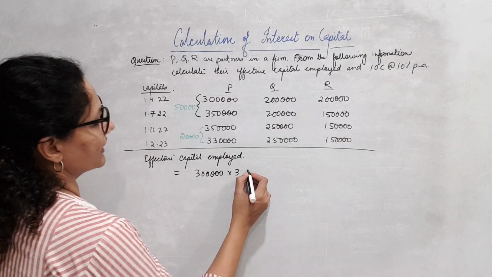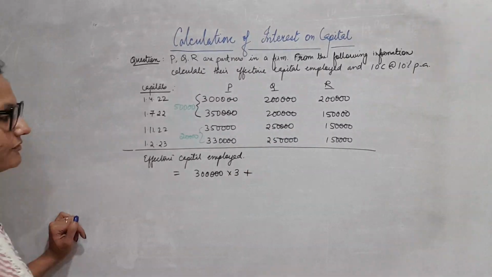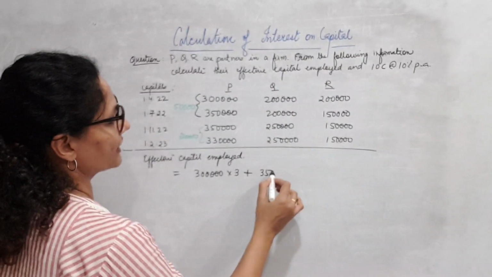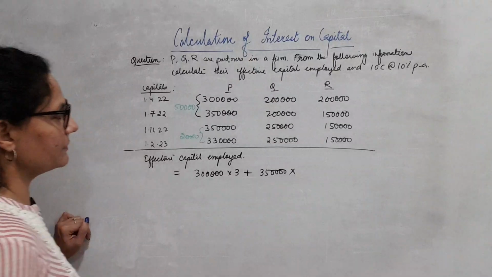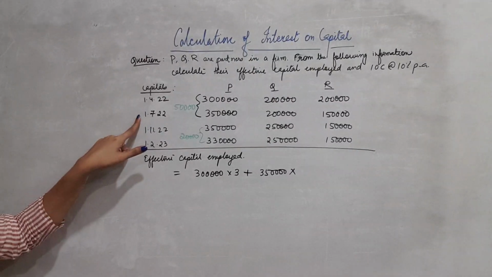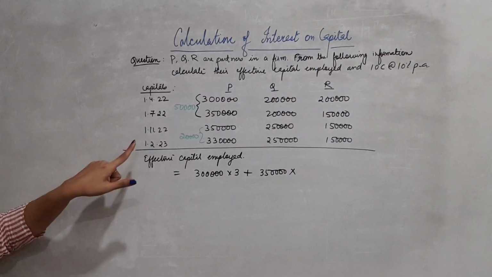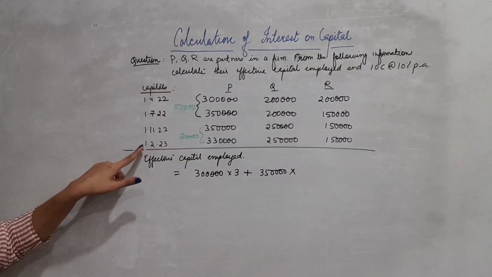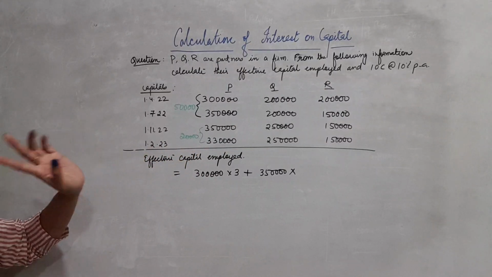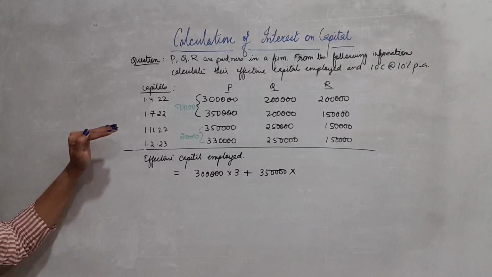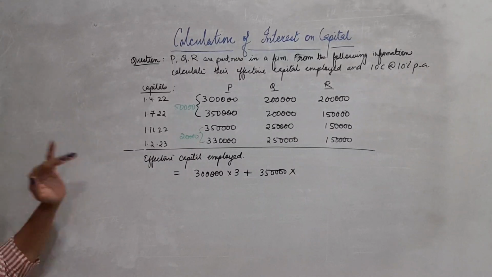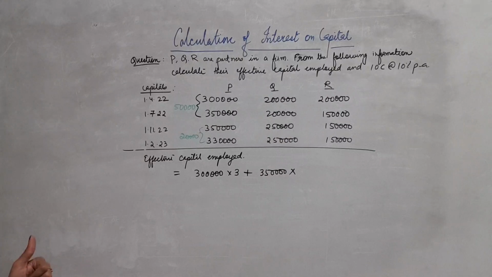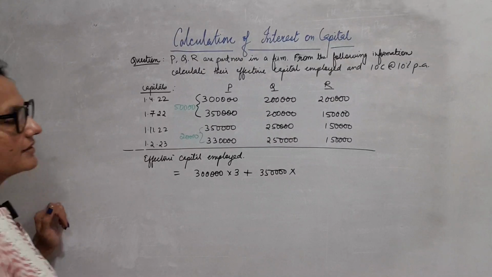Then again, it changed to 3,50,000 and it stayed at 3,50,000 for how many months? From 1st of July, so we count July as well. And it is changing on 1st of Feb, so we will not count Feb here because this is 1st of Feb. These small little errors we need to avoid. So we'll count till January, from July to January. July to December, 6 months, and one more month, 7 months.